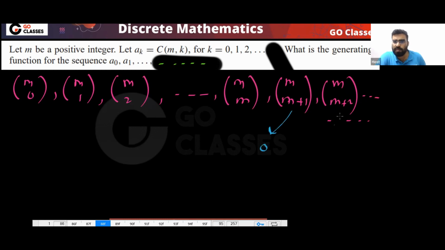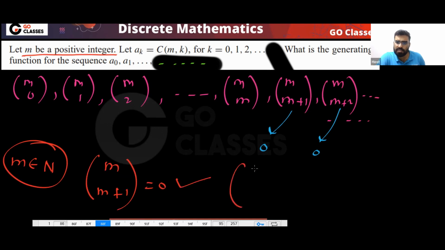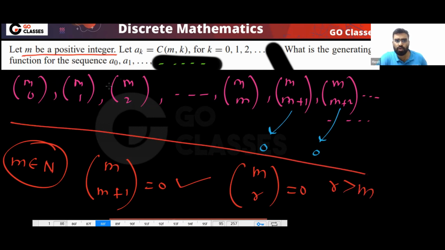Because all these things will become 0. Remember, M is a positive integer. So you already know that when M is a positive integer, MC(M+1) will be 0. Similarly, MCr equals 0 when r is greater than M. So all these terms will automatically become 0.